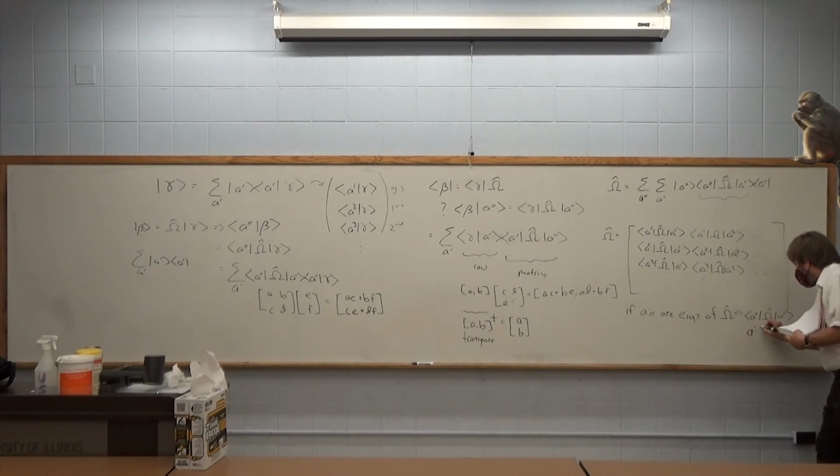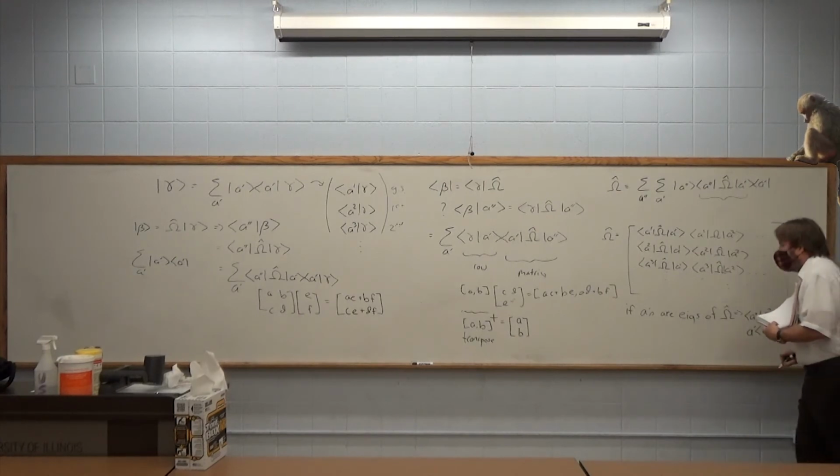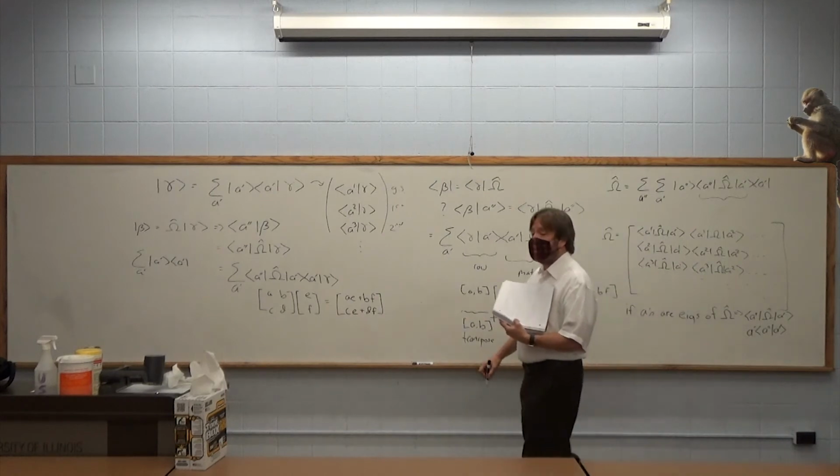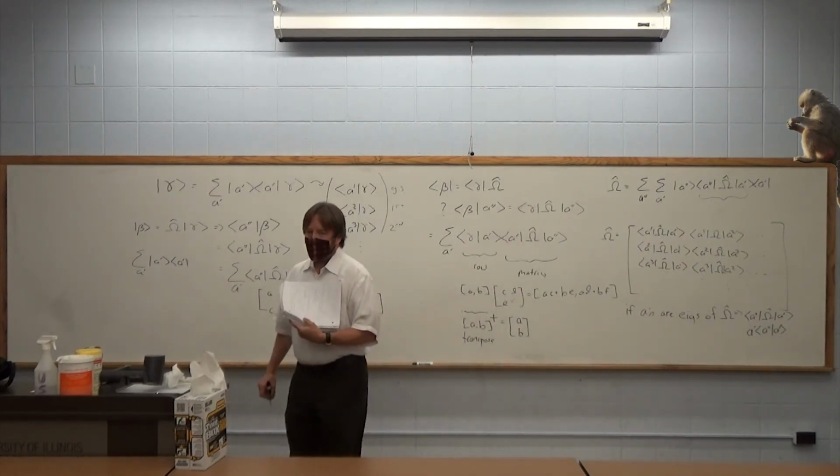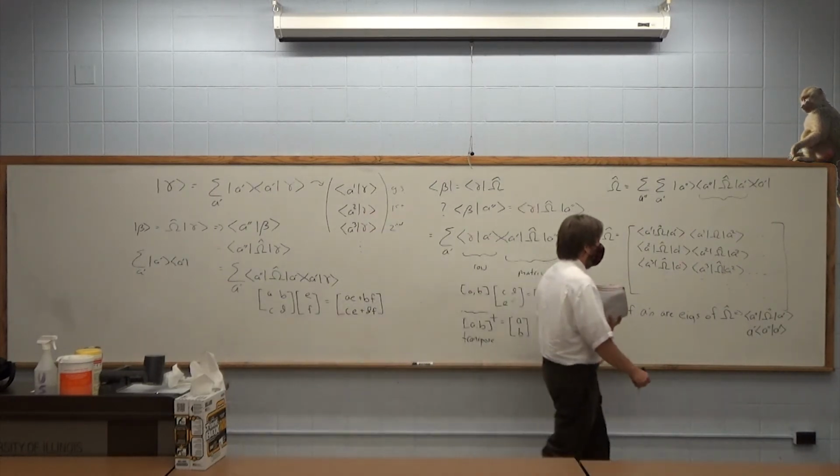A prime, that's a number, that's the eigenvalue. And I've got A double prime. I've got the projection of one state onto another state that are not the same states. That's 0.